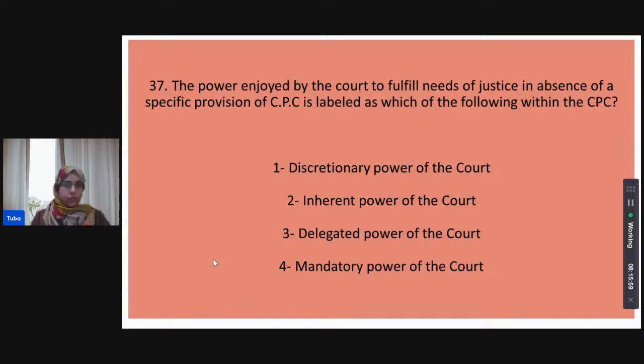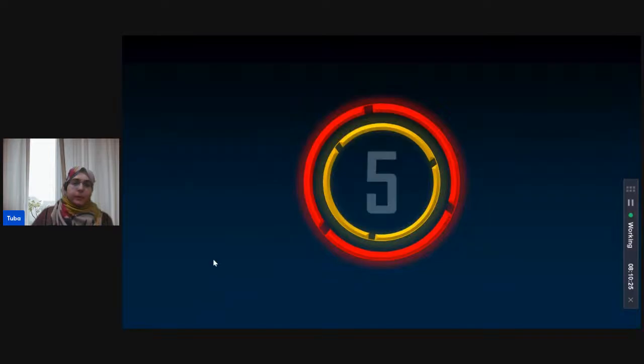Is that a discretionary power? Do we call it the inherent power of the court? Do we call it the delegated power of the court? Or do we call it the mandatory power of the court? We must be very clear about all the dynamics of the powers that are vested in civil courts. So, what form of power is it where the court is fulfilling the needs of justice, where the rest of CPC is silent about it?